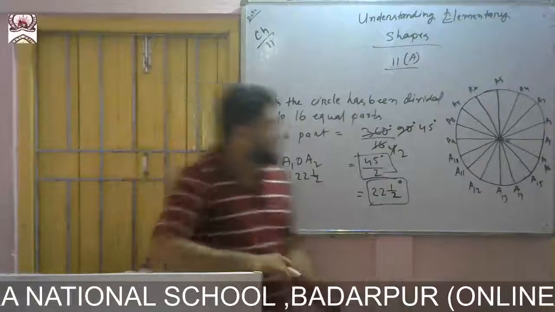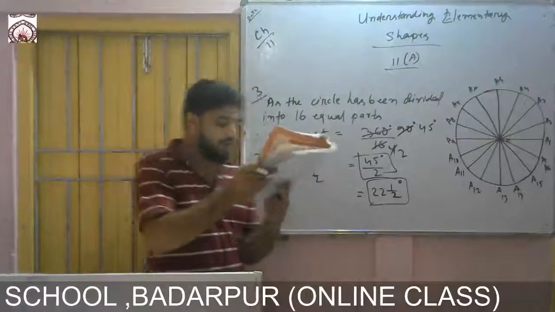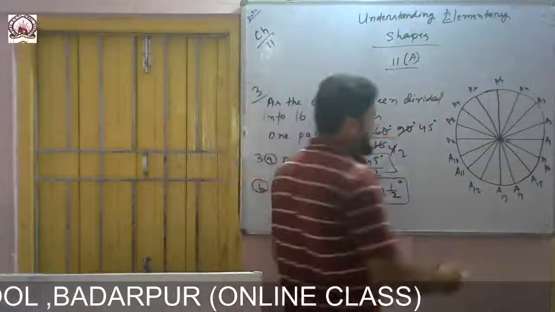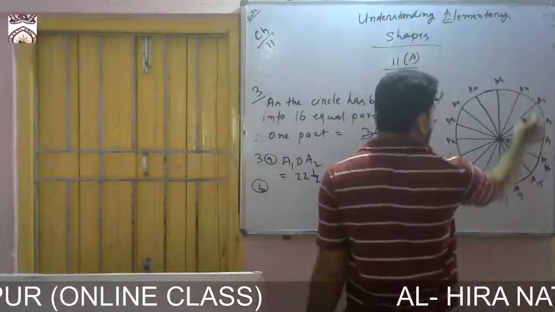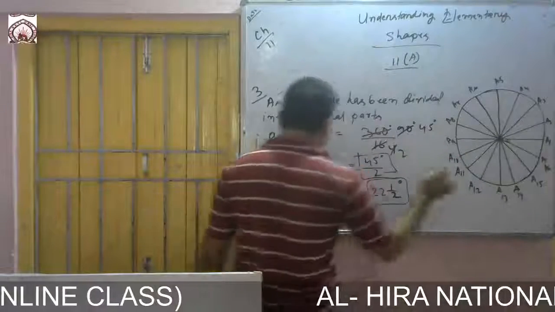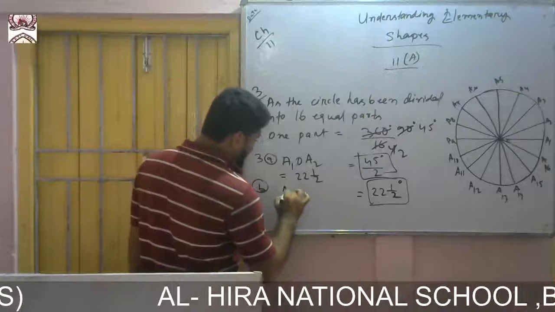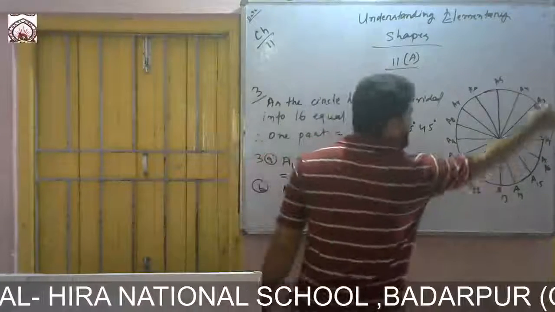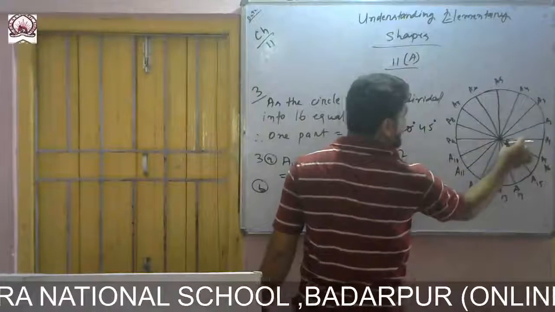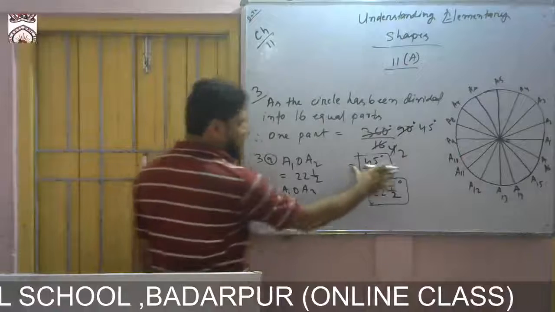Now number B, what is given? A1 O A3. In between how many parts? 2 parts. So from A1 to A3 there are 2 parts, so you multiply by 2 because we know one part.